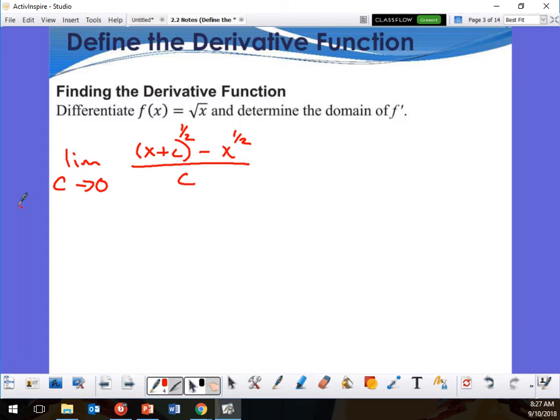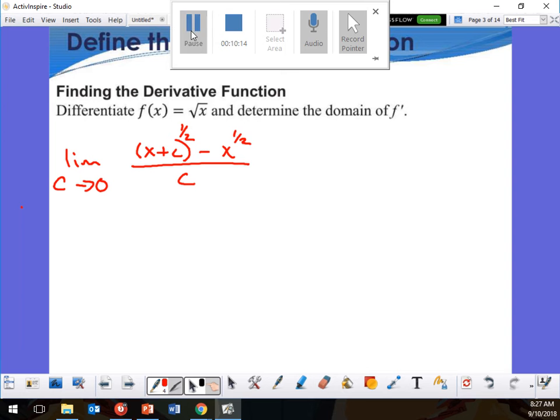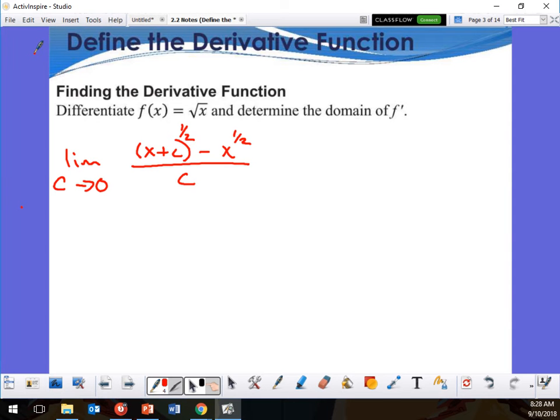Crap, I forgot this one. I'm so used to doing it. All right, yeah, so it is the conjugate, so I don't forget that one. So it's going to be x plus c to the 1/2 plus x to the 1/2.